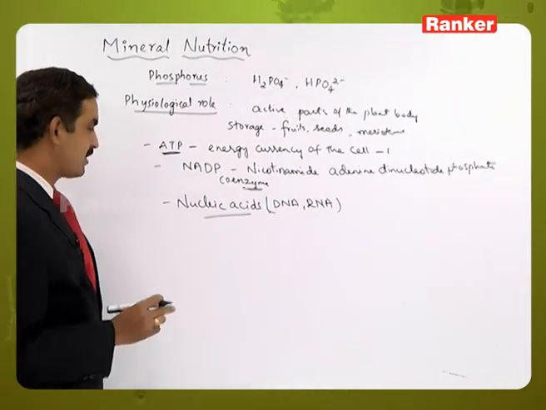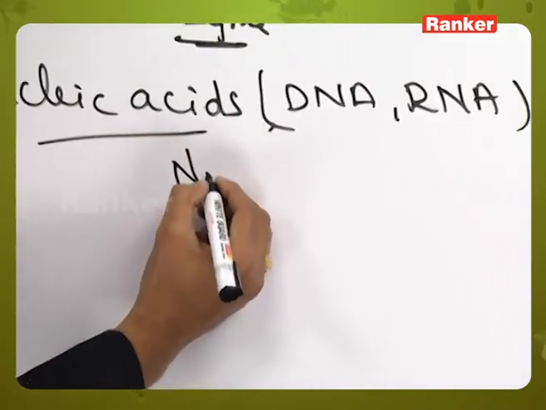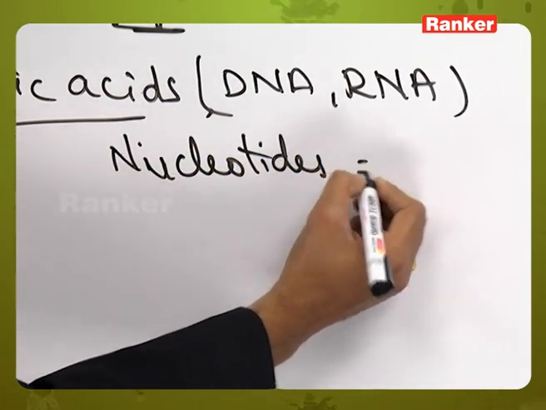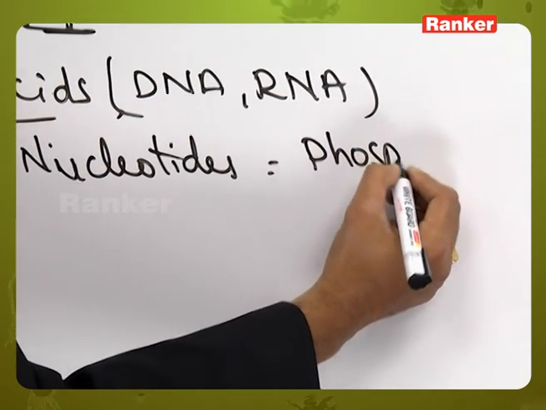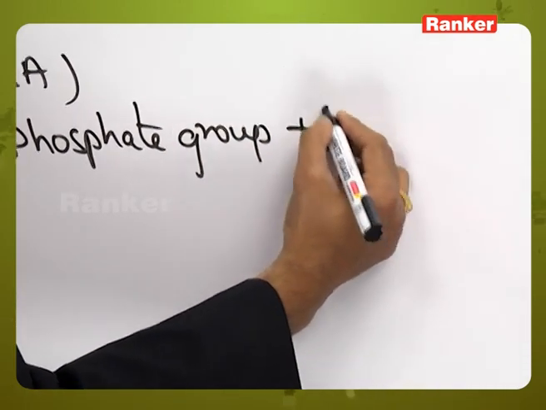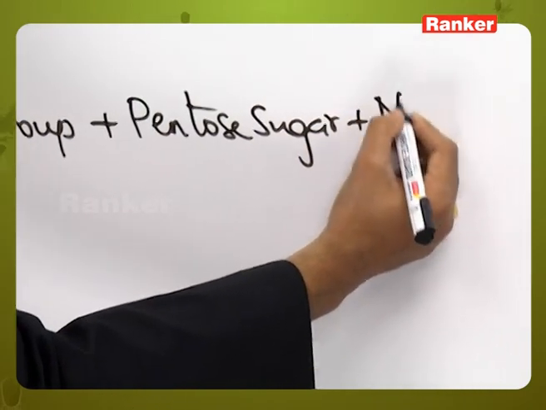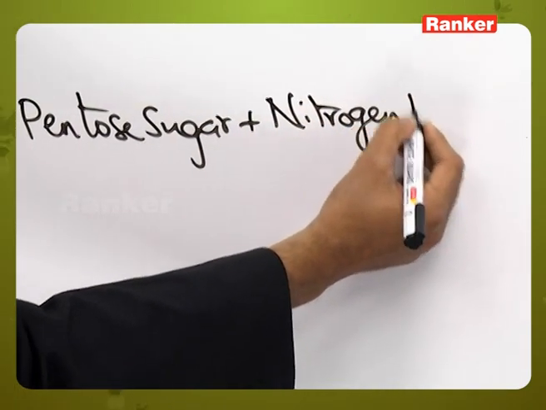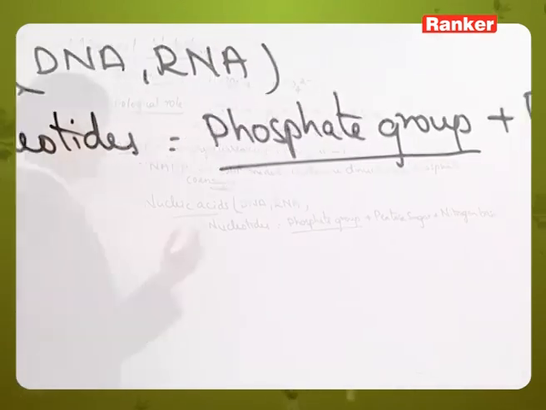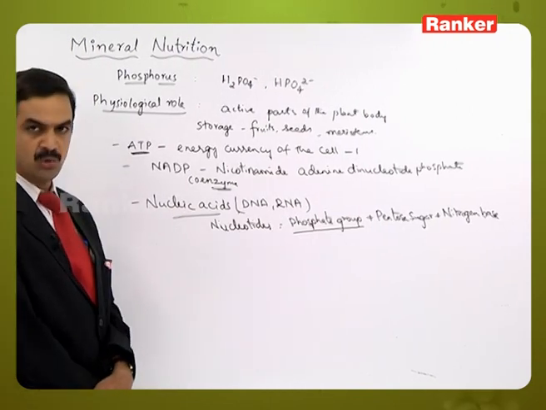The nucleic acids are the polymers of nucleotides, which contain a phosphate group plus pentose sugar plus nitrogen base. So the phosphate group, which is a major constituent part of nucleotides, contains phosphate.